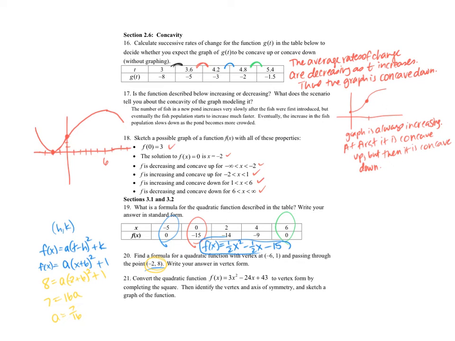So we'll notice that I have a leading coefficient there on the 3, so I'm going to go ahead and pull that out. So f of x is equal to 3, and I'm just going to pull that out of the first two terms here. I'll have x squared minus, and if we do 24 divided by 3, we get 8x, and then we'll have the plus 43.